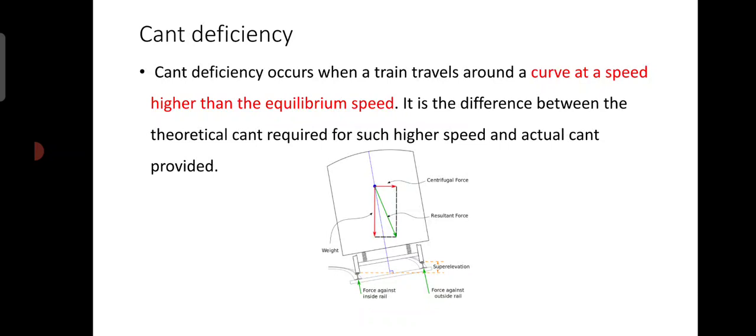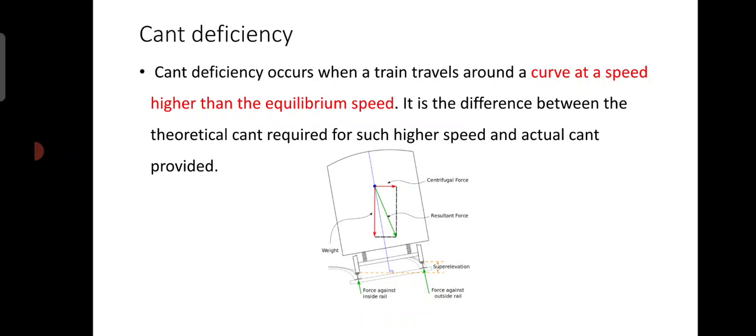The green line is inclined more towards the outer rail. When the resultant force is more inclined to the outer rail, it means that superelevation is insufficient, and it is called cant deficiency.